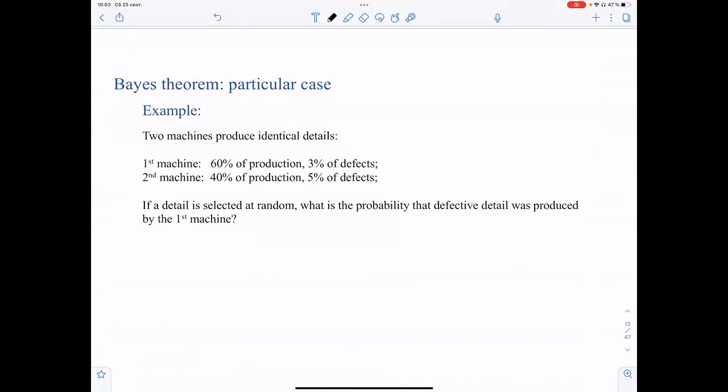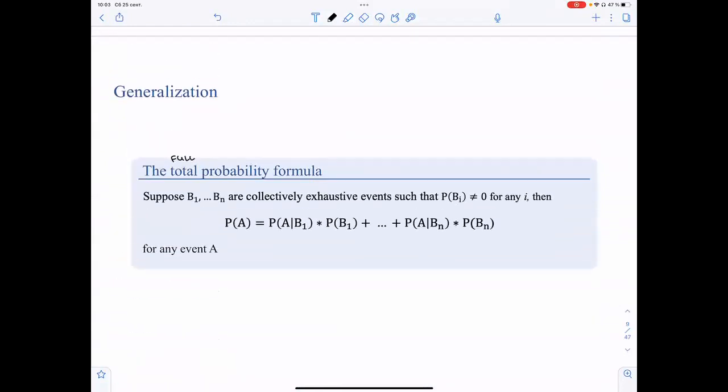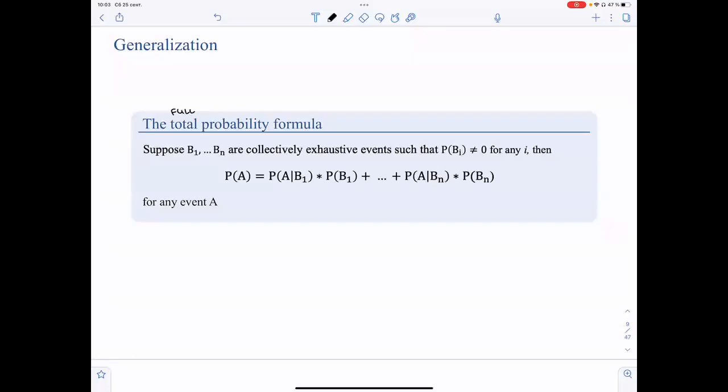So if I have n machines that are producing the same equipment, then the full probability formula is fine to be applied. That's it. Now, we know the way a probability of a random event may be estimated.